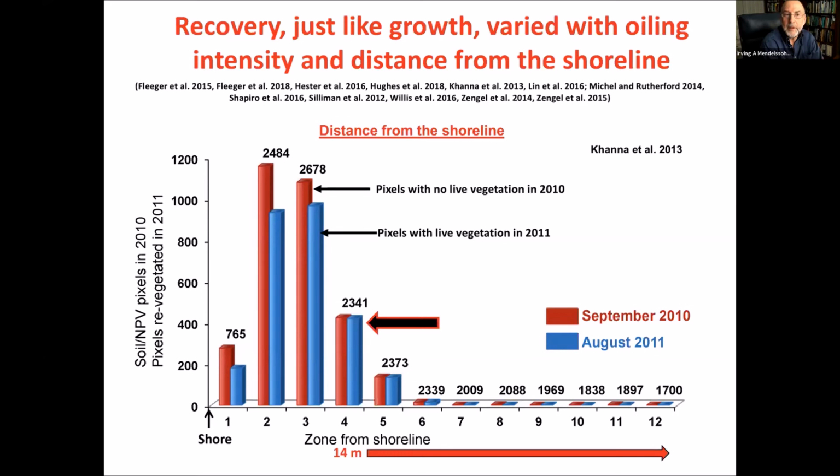So we see that not only impact, but recovery was influenced by distance from the shoreline, which of course is related to the intensity of oiling, reduced oil levels as you move inland.